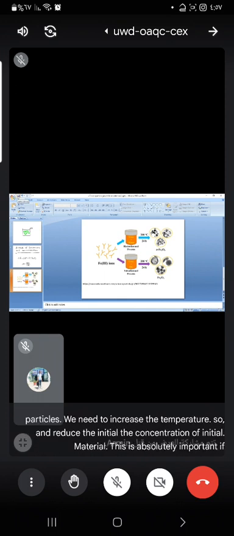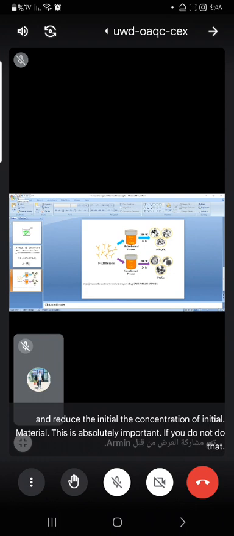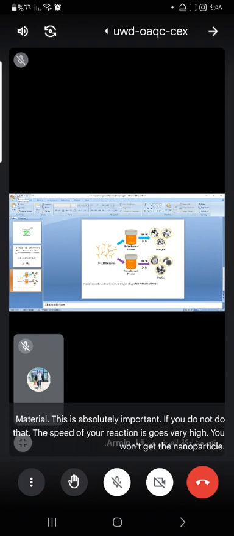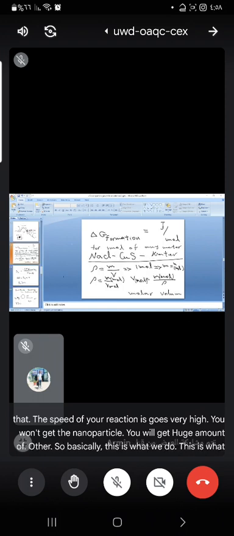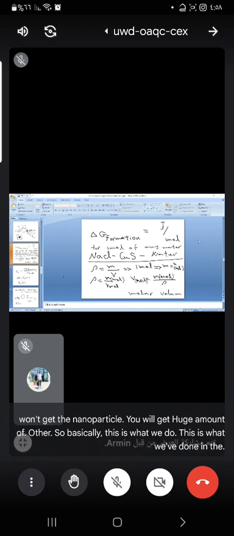If you do not do that, the speed of your reaction goes very high. You won't get the nanoparticle. You will get a huge amount of powder. So basically, this is what we do in the lab.